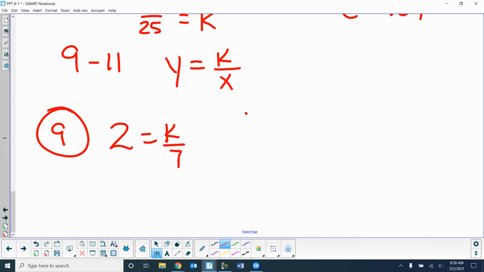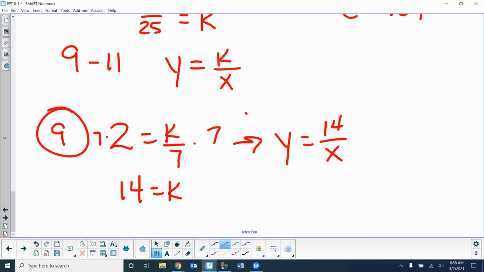What do I do to get 7 over? Times by 7, right? So 14 equals k. So it's y equals 14 over x. That's all I want you to do for that. And then graph it, but again, I'm not worried about the graphing stuff. 10 is y equals 32 over x. 11 is y equals negative 5 over x.